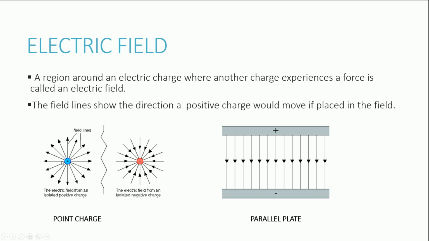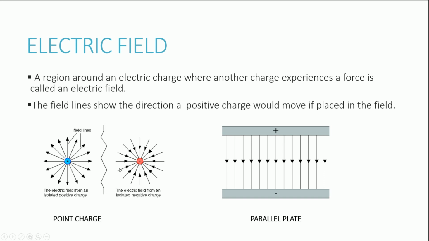So an isolated positive charge will have the direction radiating outwards. In comparison, a point charge of a negative charge will have field lines that go towards it, because again, if a positive charge were to be placed anywhere here, you'd expect it to go inwards, because again, attraction lies between opposite charges. So you should memorize these two diagrams here.